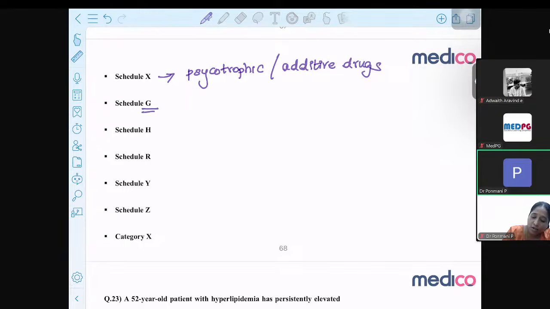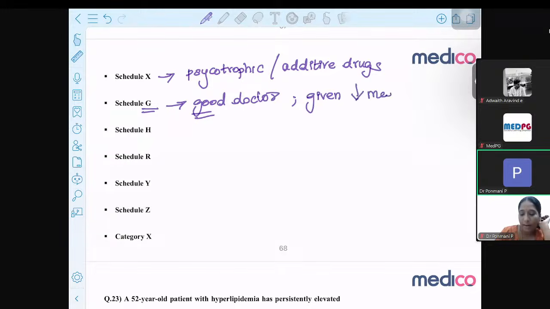And what does Schedule G mean? Please remember, G is for good doctor. That means these drugs should be given only under medical supervision. This is called Schedule G. What is Schedule H? Just a minute.